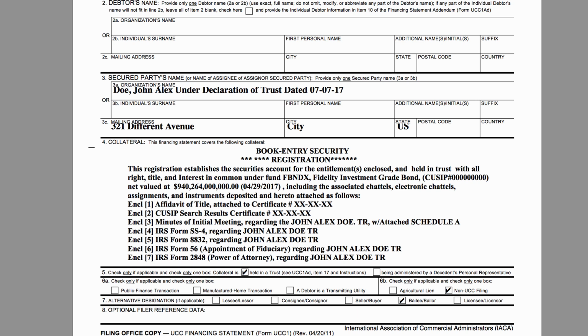So you're registering the trust's title over the estate. That's a security entitlement. That is governed under non-UCC filing provisions, foreign provisions, which are securities entitlements under Article 8, and they're recognized under Article 9 as non-UCC filings, if you will.